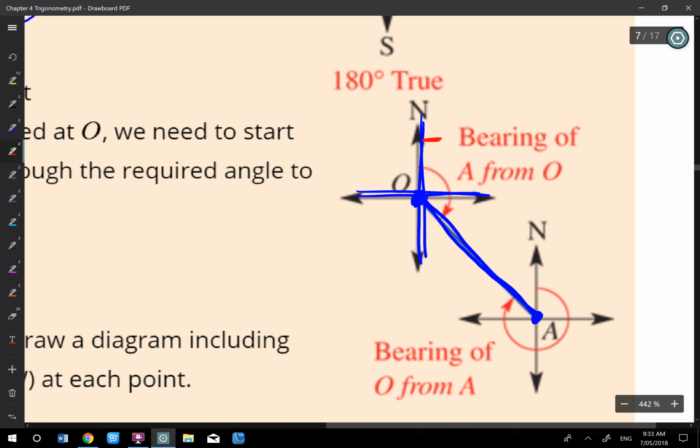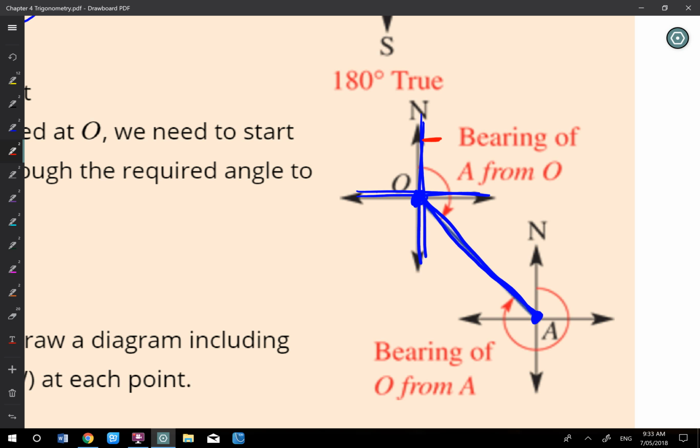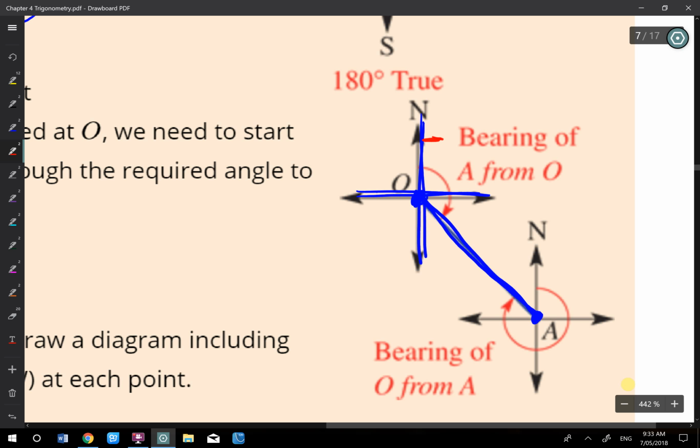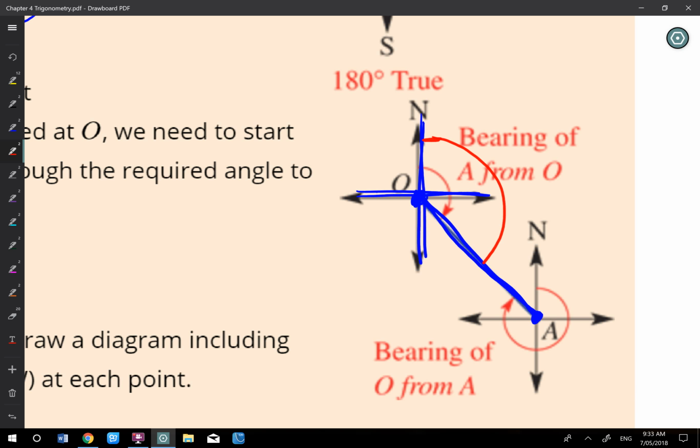I start from the north and go clockwise until I meet the line. This angle I sketch is called the angle of true bearing. So that's the bearing from O to A. We draw the compass at point O, start from the north of O and go clockwise, drawing an angle until we touch the line connecting those 2 points.